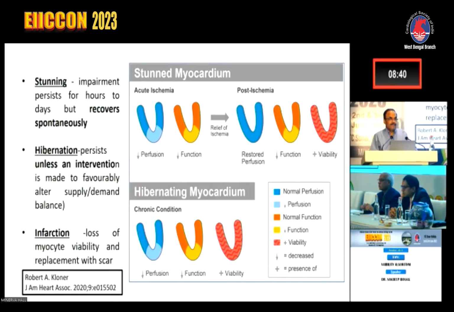This myocardial dysfunction, or hypocontractility of myocardium, in the presence of a continued hypoperfusion, is called hibernation, and that is going to be the major topic of discussion in my talk.